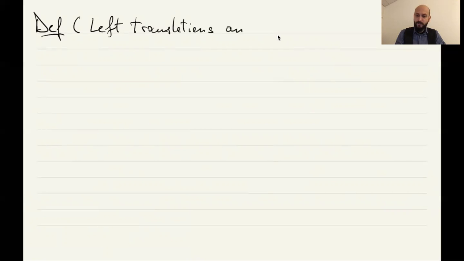So now let's define the translations. And now we will need to distinguish between left translations and right translations.